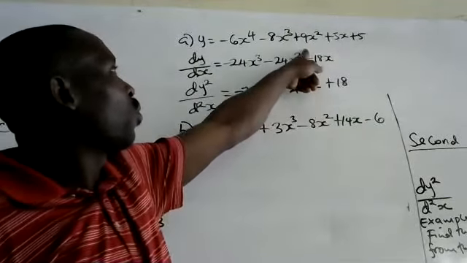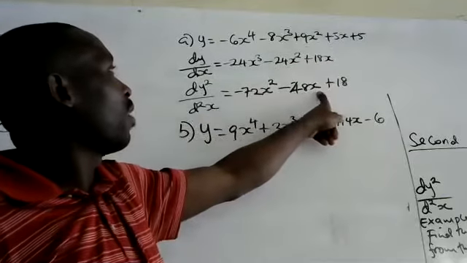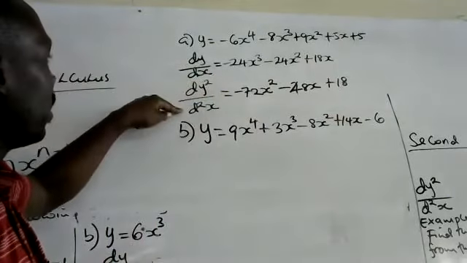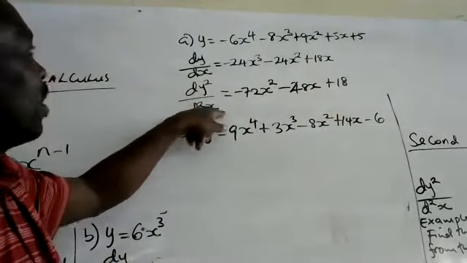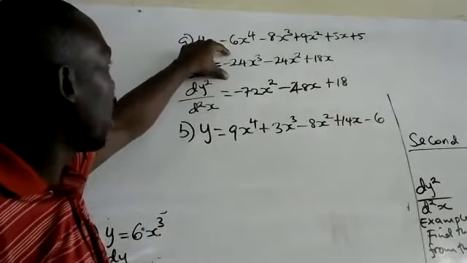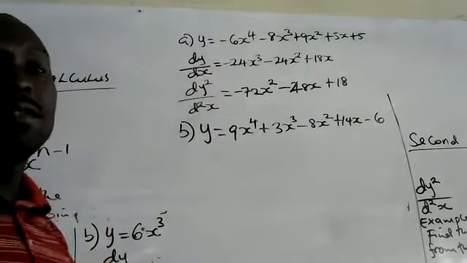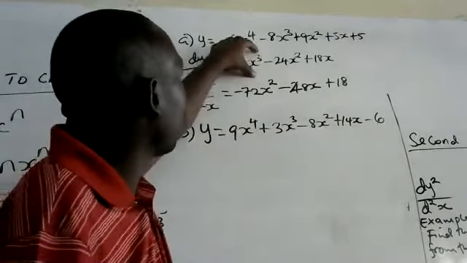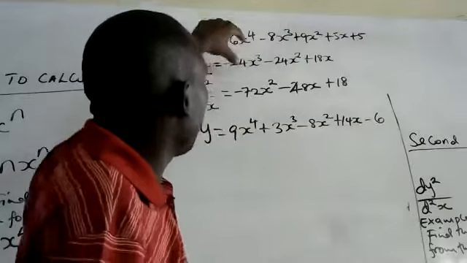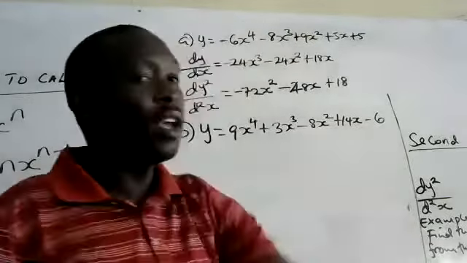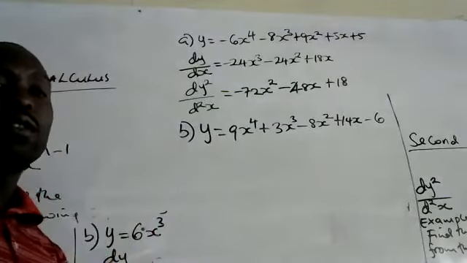X raised to power 2, 2 minus 1 is x raised to power 1. So the d squared y over dx squared is obtained by differentiating whatever you got after getting the first derivative. So it is a function of the first derivative. So you differentiate to get this first derivative, you differentiate this first derivative to get the second derivative. Are you okay, Nancy?